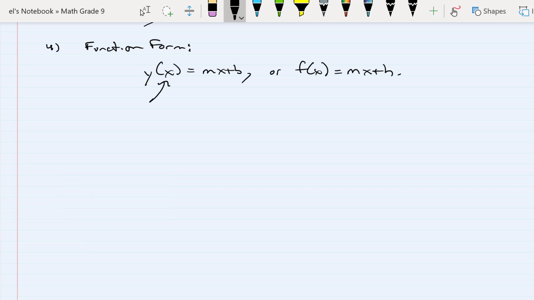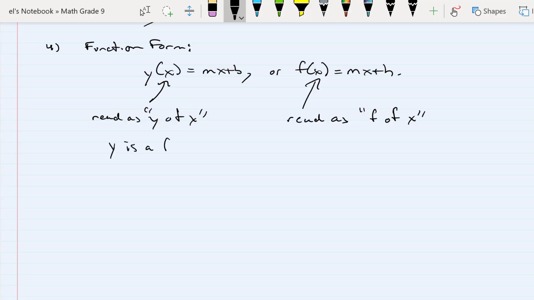This y in parentheses x is read as y of x, and similarly f in parentheses x is read as f of x, that is to say that y is a function of x.